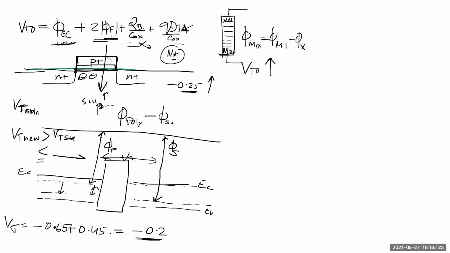This is the number we got. And then we added a plus term by doing that ion bombardment, right? Now if the gate doping was exactly the same as the substrate doping, then this term will become 0, because it's phi x minus phi x basically. And then you'll get a positive 0.45 volts, right? Essentially you're going from N plus to basically P plus, so it's moving in that direction.